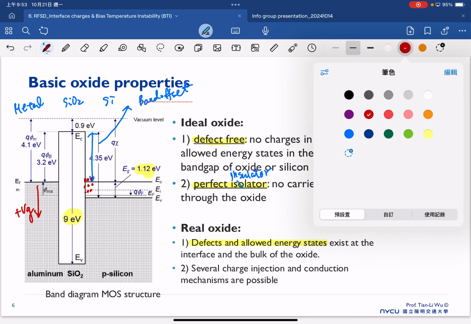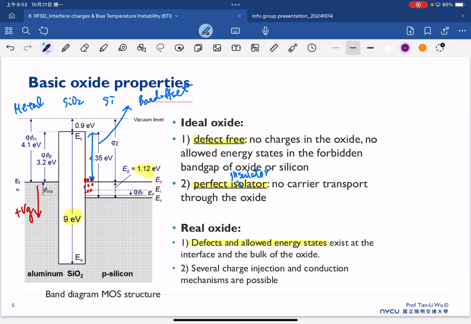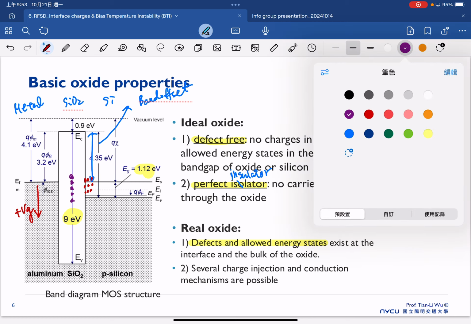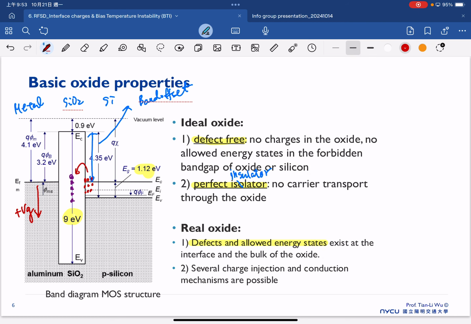But if we have certain defects inside the dielectric, the electron might jump to this defect and then further jump out to the other side. This will be a problem for the leakage current as well.